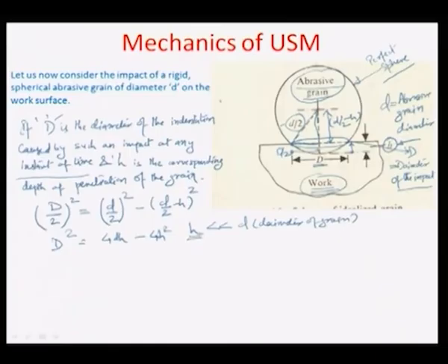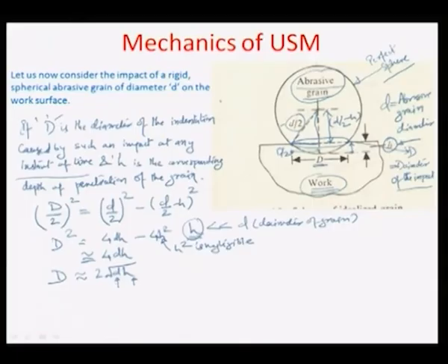So it is quite small in comparison to d, and this equation can be approximated as 4dh, since the h squared term is negligible. Therefore, a relationship exists between the impact diameter D and the grain diameter d: D is approximately equal to twice root of small d times h, where small d is the grain diameter and h is the penetration depth of the grain in question.